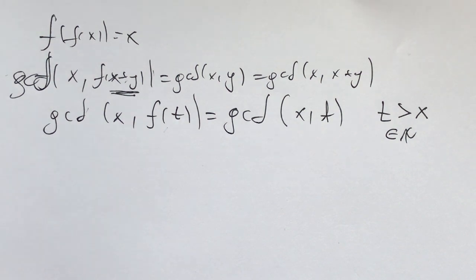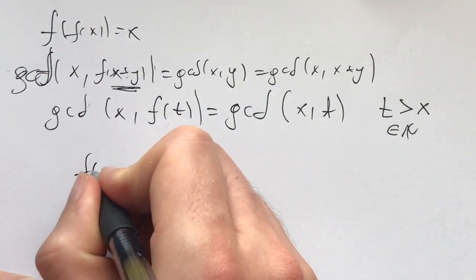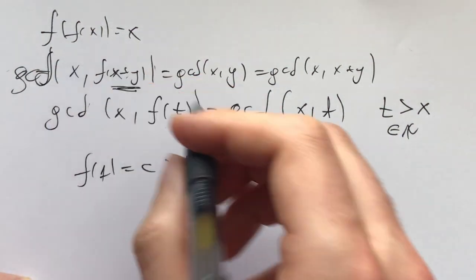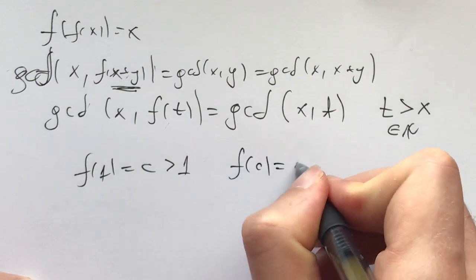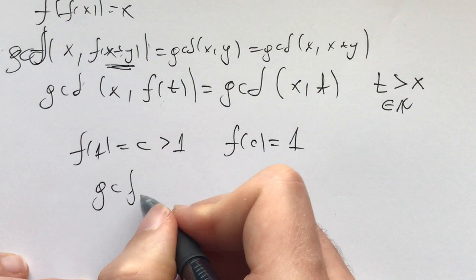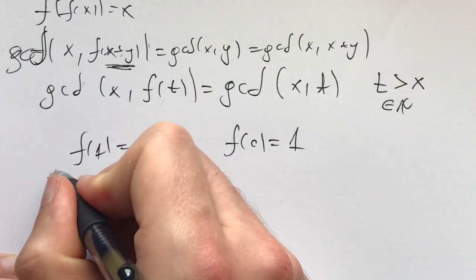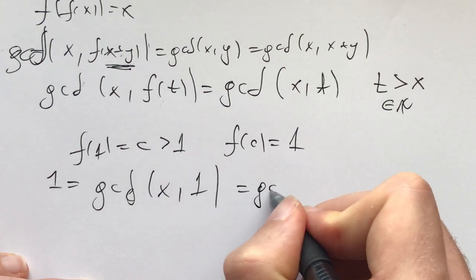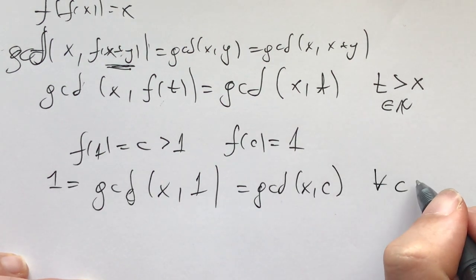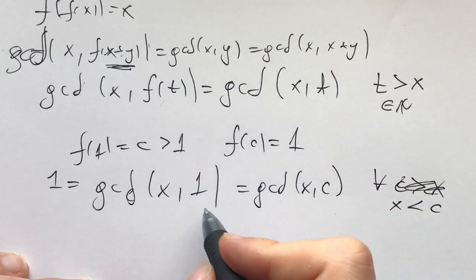So that's maybe a little cheat code, so to speak, on how to think about problems that you get on these competitions. Now, a way to maybe test that hypothesis would have been, what if f of 1 is equal to some c that's greater than 1? Well, that implies that f of c is equal to 1, so when I plug in c as t, I get the GCD of x and 1, which is 1, is equal to the GCD of x and c for all x less than c.